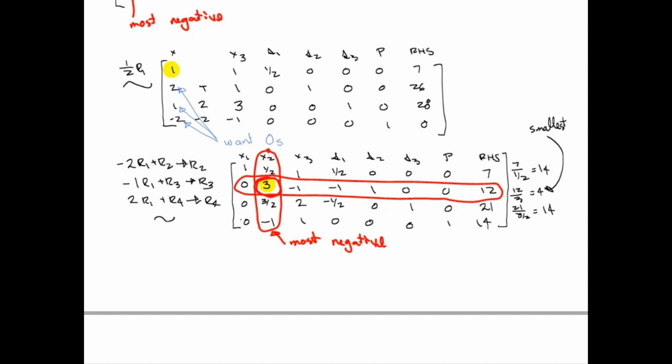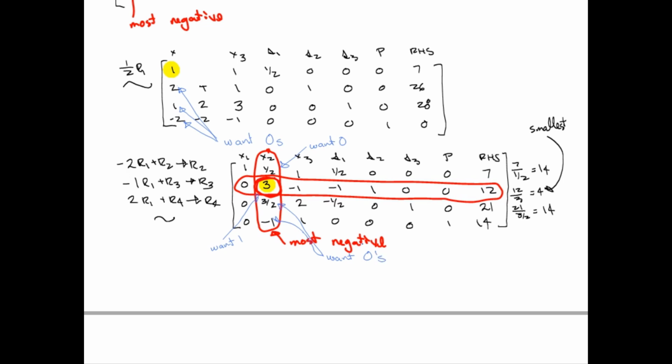Okay, remember what we want to do is we want to get a 1 in that position, and we want to get zeros everywhere else in that column. So that means we're going to want a 0 here, and we're going to want zeros here and here.